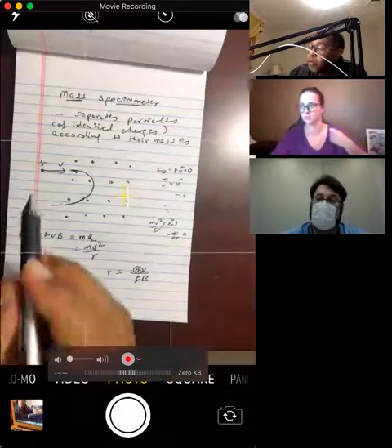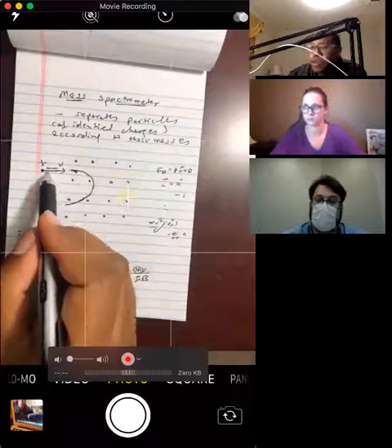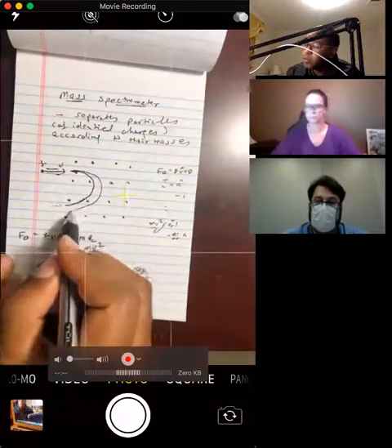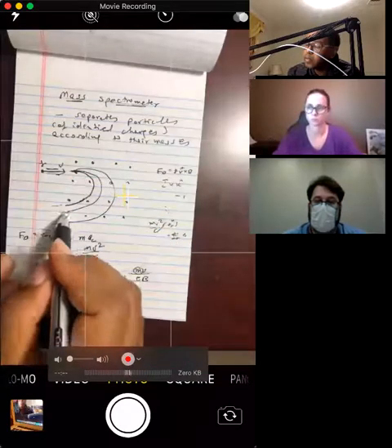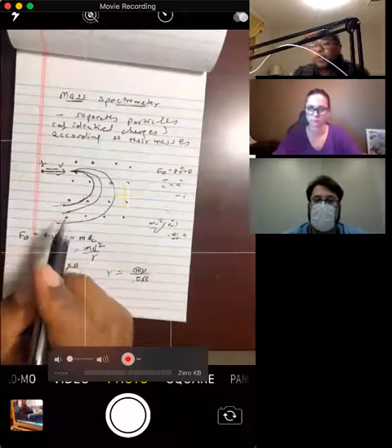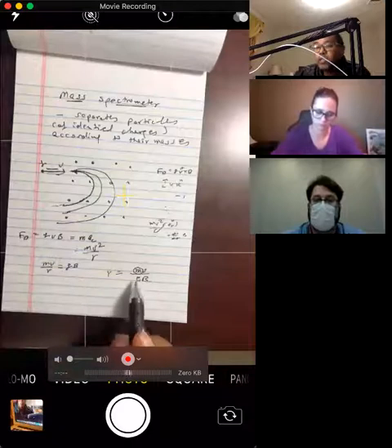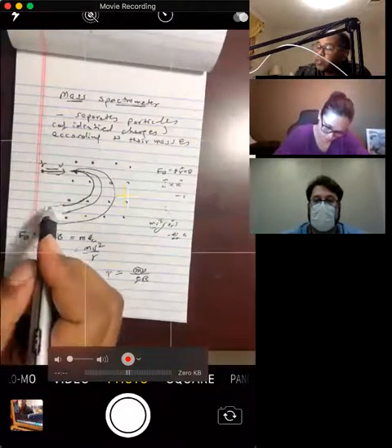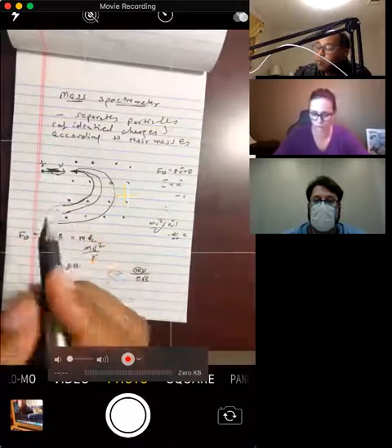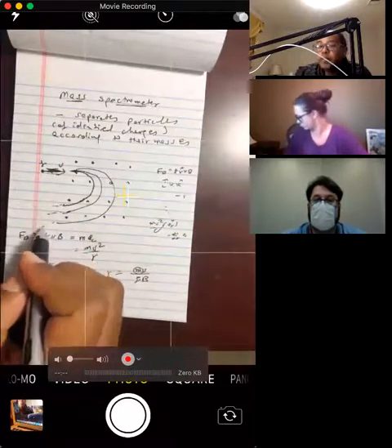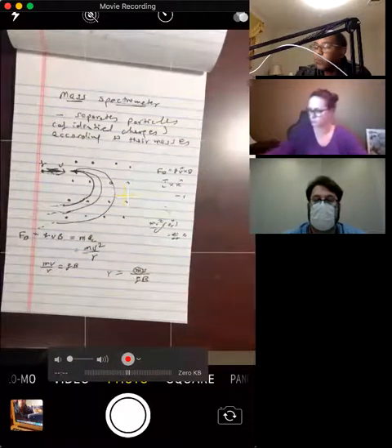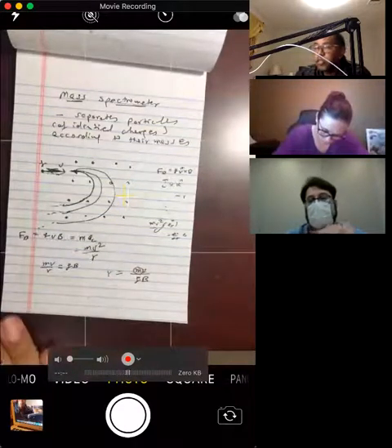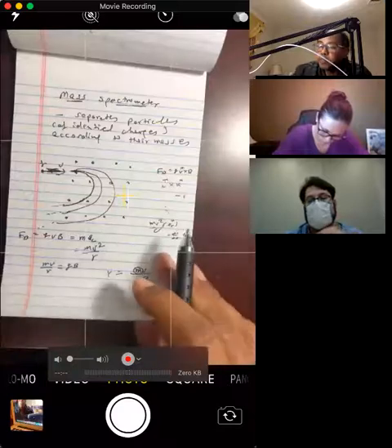Now what happens if you put a mixture of particles over here? Then we have different radii. Some will go this way, the bigger ones will go like this, the bigger ones will go like this. So they will be separated, because the radius is a function of the mass. The greater the mass, the greater the radius. So you put them together over here, but they come out separately. That's how this device works. It's called a mass spectrometer. The reason is the radius is a function of the mass of the particles.